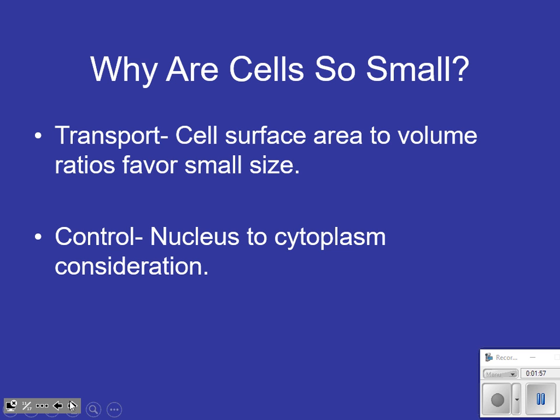Believe it or not, we're going to learn later about stuff leaving the nucleus and going out into the cytoplasm to do its specific function. We'll talk about that later. So, why are cells so small? Let's talk about the first one, transport, surface to volume ratio.